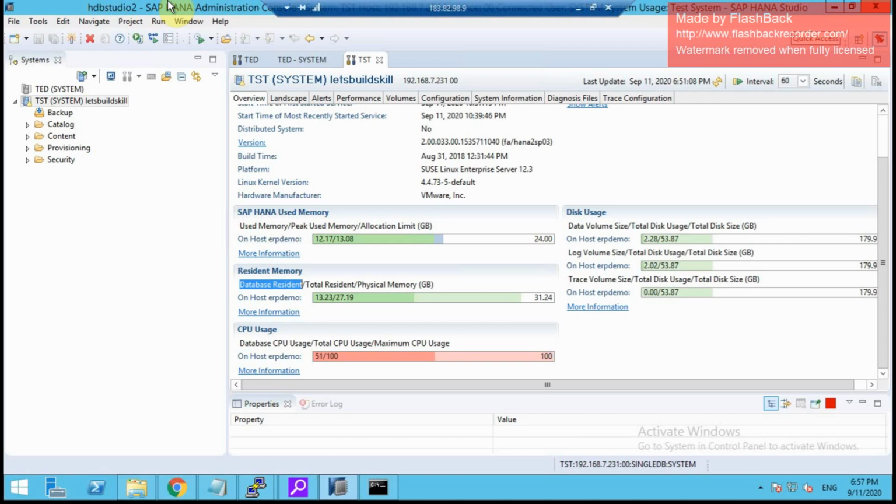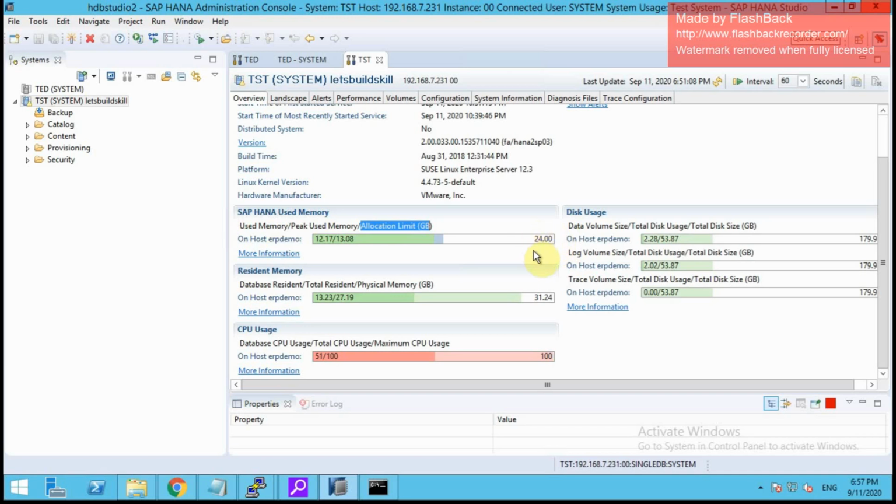Now this is clear: what is resident, what is total resident, what is physical memory. Now, if we come back to the used memory bar, we have three options: used memory, peak used memory, and allocation limit. The allocation limit says 24 GB.